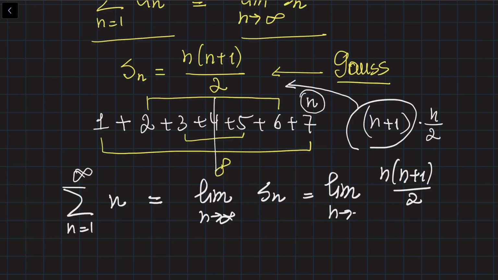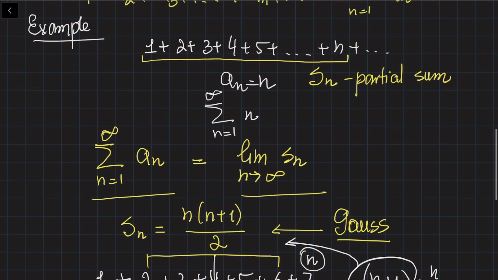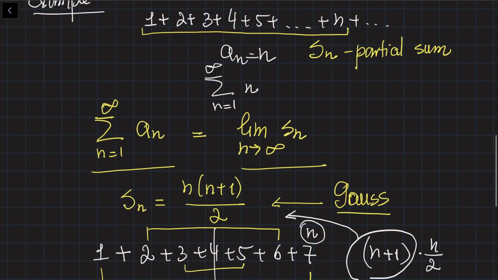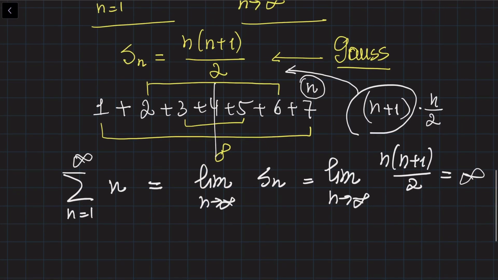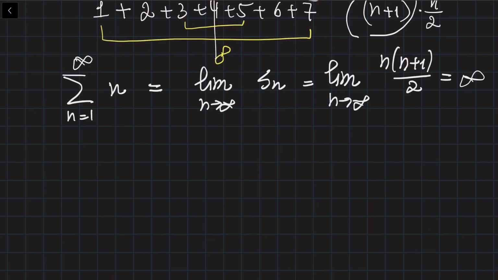When n goes to infinity, this goes to infinity, right? So it means that this sequence is not going to converge to anything. This kind of series is called divergent. So this series diverges.